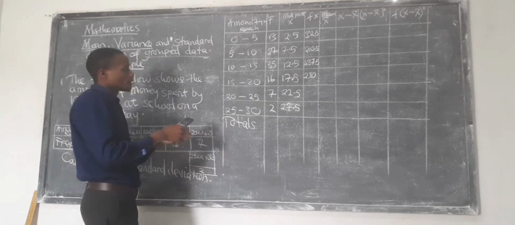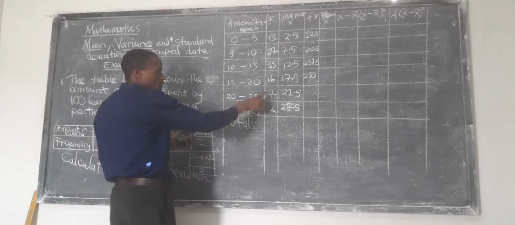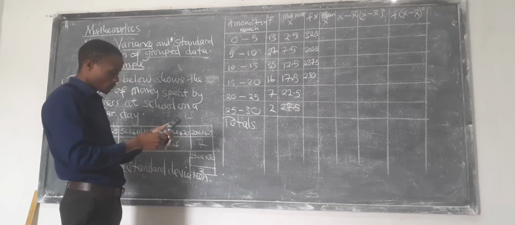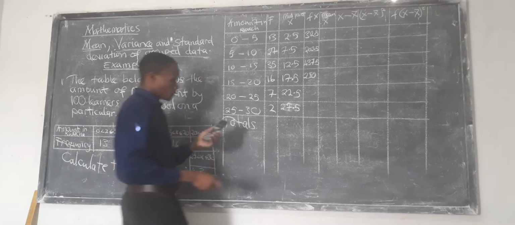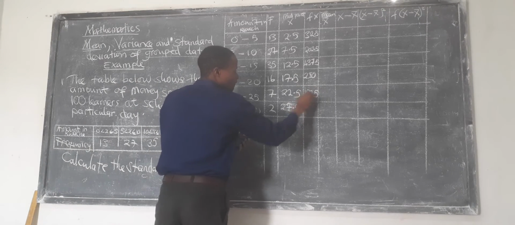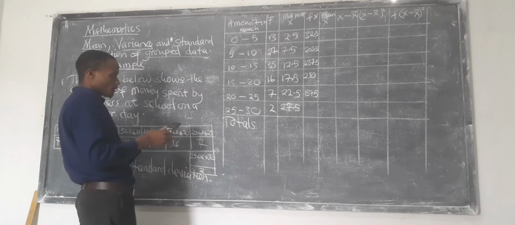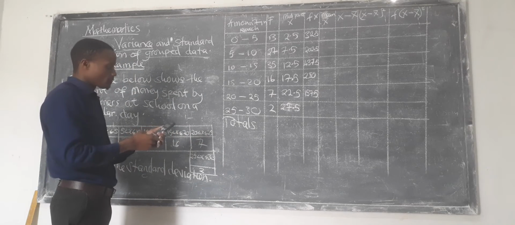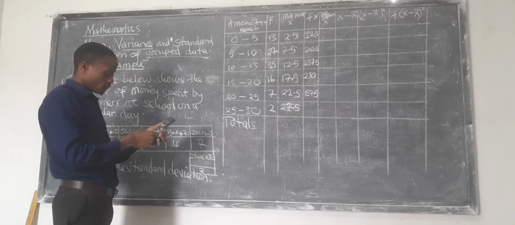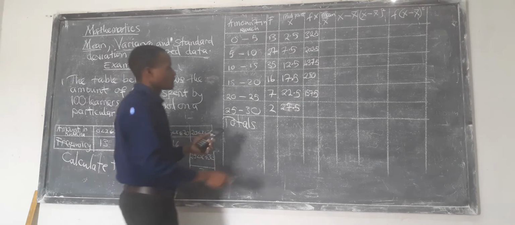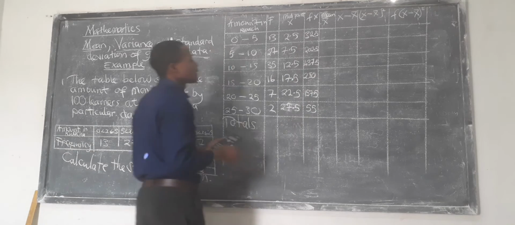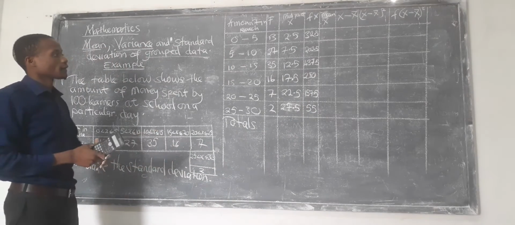Then the other one is 7 times 22.5, which is 157.5. The last one is 2 times 27.5, which is 55. So that is the fx.